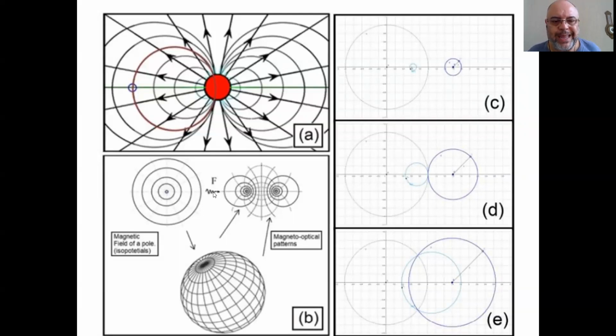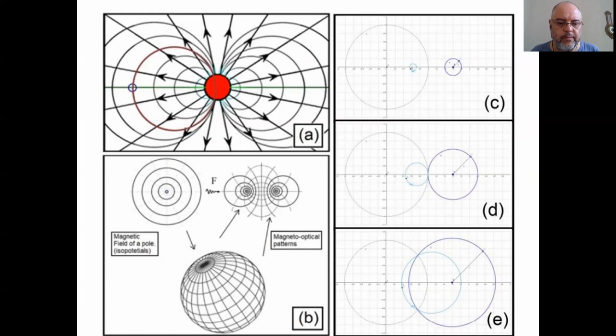We have a transformation of the magnetic field to the light patterns, the magneto-optical patterns that we see in the ferrocell. And this transformation, this function f, is somehow related to Möbius transformations of circles into other circles.